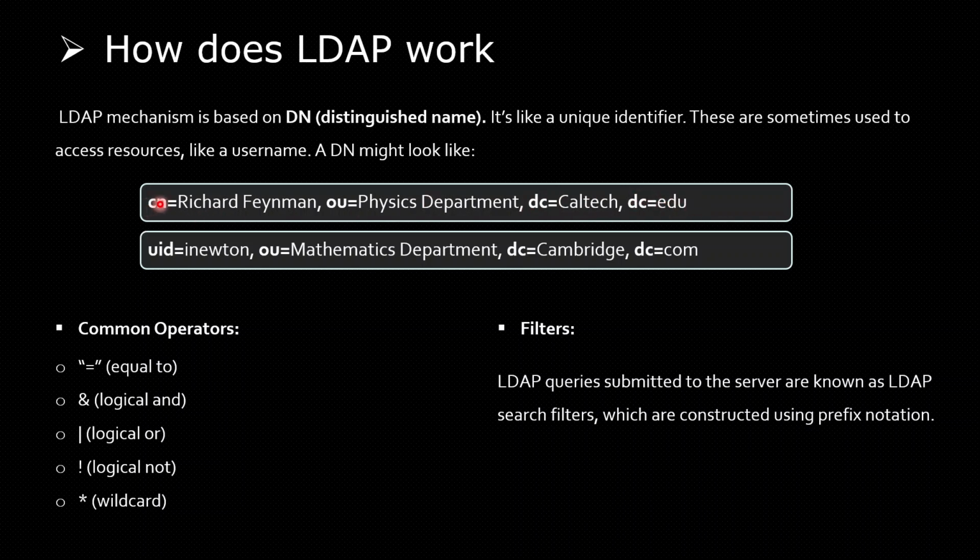For example, the common name is Richard, he belongs to the physics department, and the domain controller is Caltech, and this is the EDU, which means an educational domain. Now there is a user ID called Newton, and he belongs to the mathematics department and to Cambridge, and the domain is .com. So this is how the DN works, and this is how LDAP stores the information with a unique identifier.